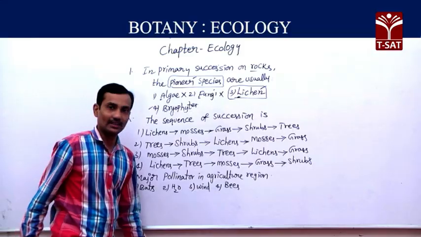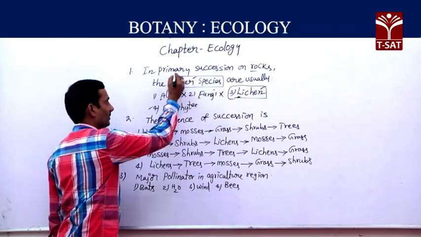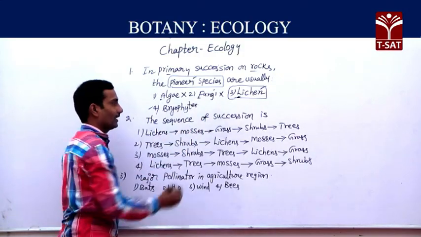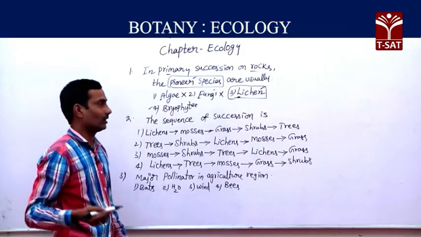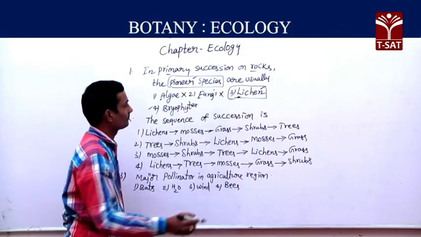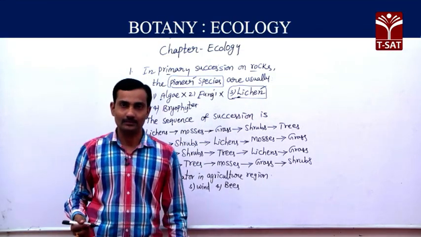First option is algae. Algae is not a pioneer species in primary succession. Next, fungi. It is also not a pioneer species on bare rocks. Lichens, it is a pioneer species.